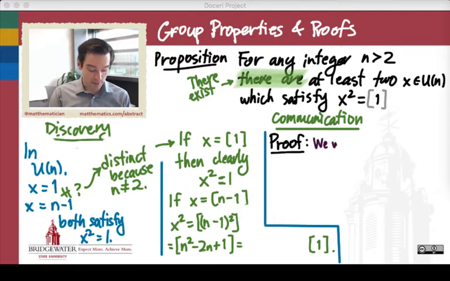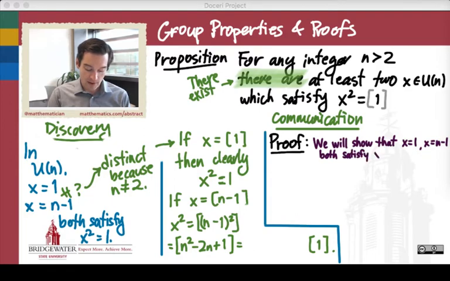We will show that x equals 1 and x equals n minus 1 both satisfy x squared equals 1 in the group U_n.